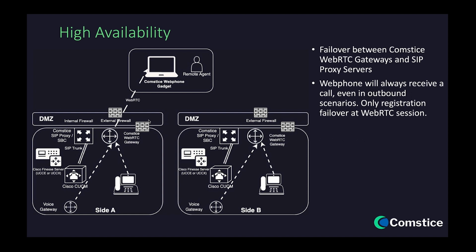After that, the Comstice WebRTC gateway can also fail over between side A and side B. There's no primary or secondary here; they are all running actively. You can even do round robin load balancing, sending some calls to side A and some to side B if you prefer. The Comstice SIP proxy does the same, running multiple SIP trunks for failover.